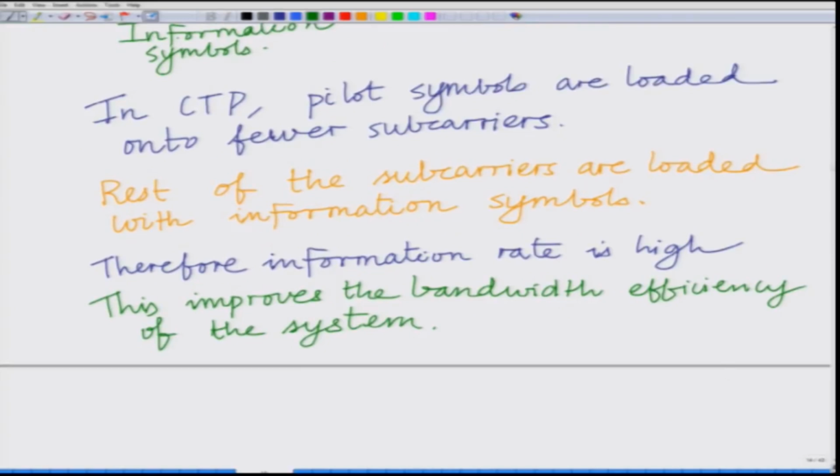So, that is basically in summary the comb type pilot based channel estimation scheme for OFDM. What is interesting about this in comparison to the previous conventional pilot based OFDM channel estimation scheme is that you are loading pilot symbols only onto fewer subcarriers. Therefore, the rest of the subcarriers can be used to transmit information symbols, all right.